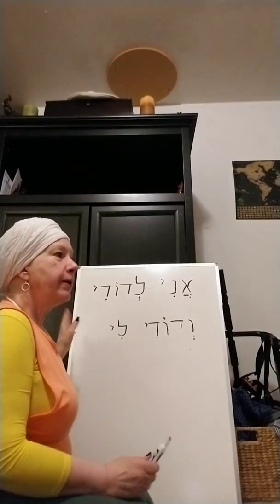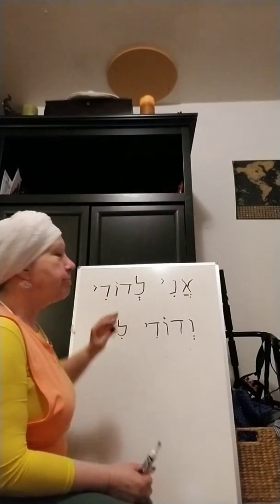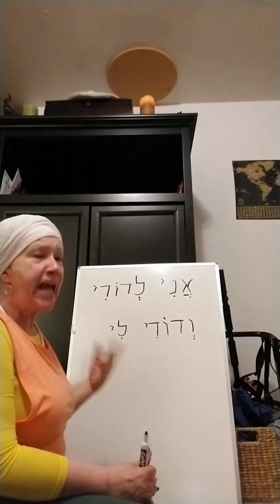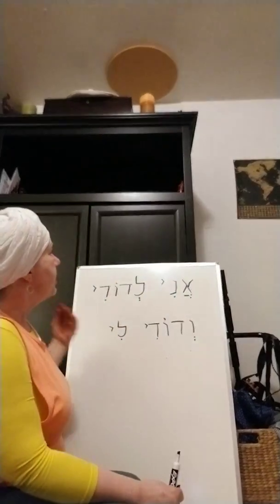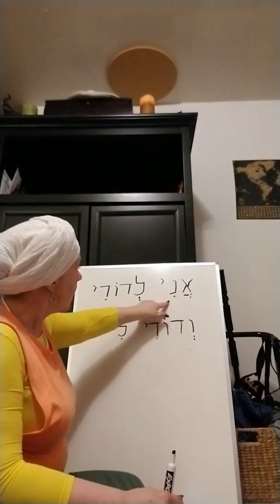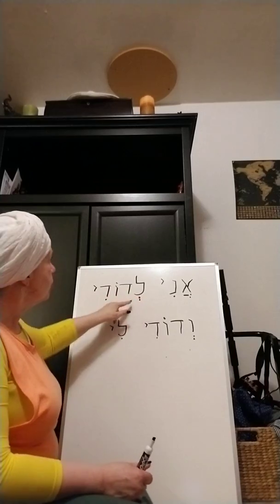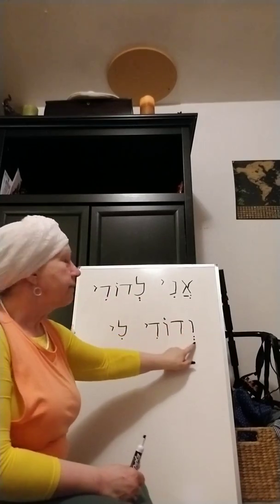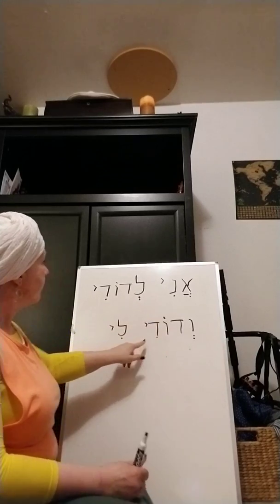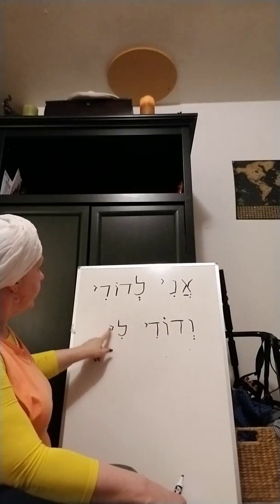In biblical Hebrew, this can mean one of two things. Usually it means beloved. It can mean uncle. In modern Hebrew, it always means uncle. So I am for or to my beloved, and here's the same word, and my beloved, la, i.